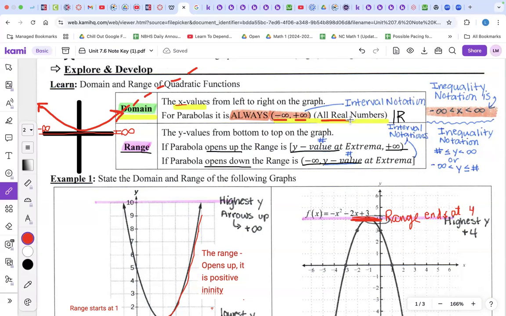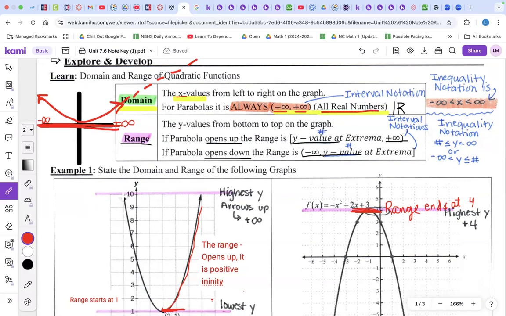Why is it called all real numbers? Because it includes every number on your number line, from negative infinity all the way to positive infinity, from negative 1 zillion all the way to positive 1 zillion. All right? So when we look at this, once again, with this parabola, that means it's going to continue as it goes up. It's going to go out and out and out.